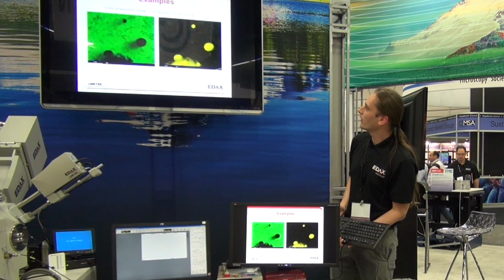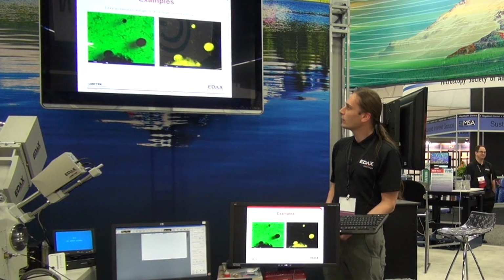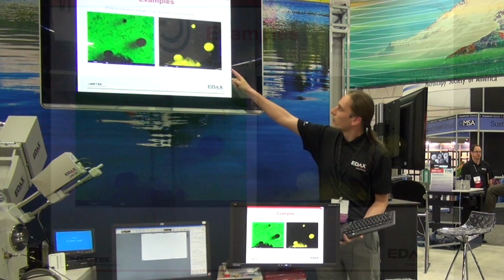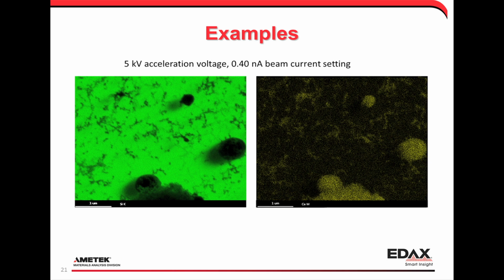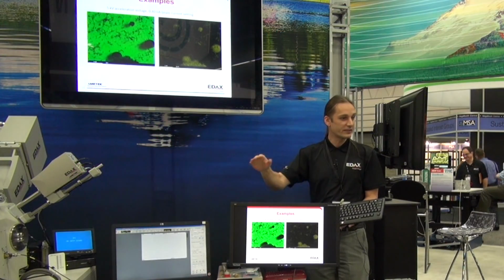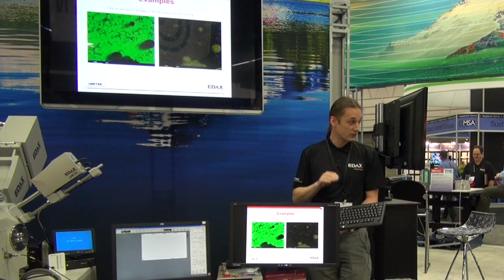If I go in and look at the elemental maps, 10 kV for silicon. Note the shading of the particles, the smaller particles we have on there. And as I go to 5 kV, that's going to be much more obvious because I'm closer to the surface. Even though these are nanometer-sized structures, they're still attenuating the X-rays coming down to my substrate.